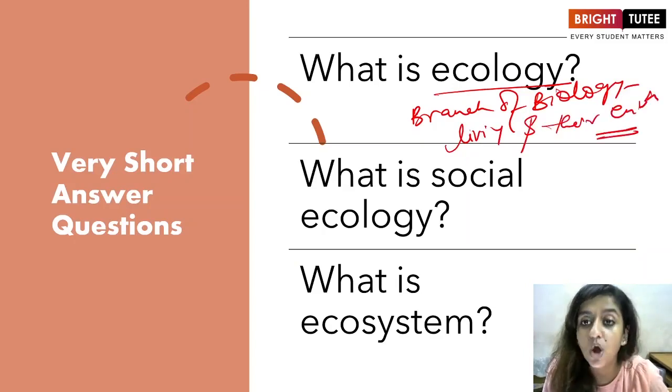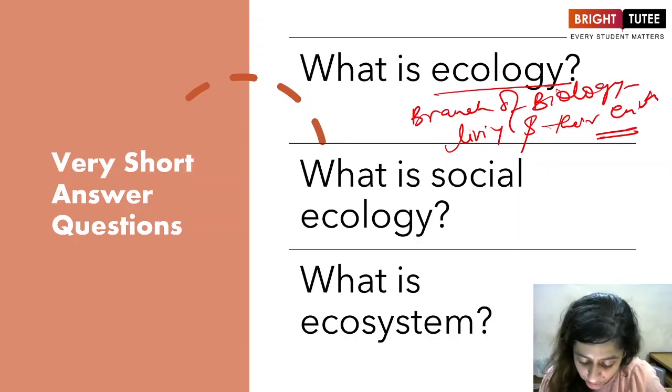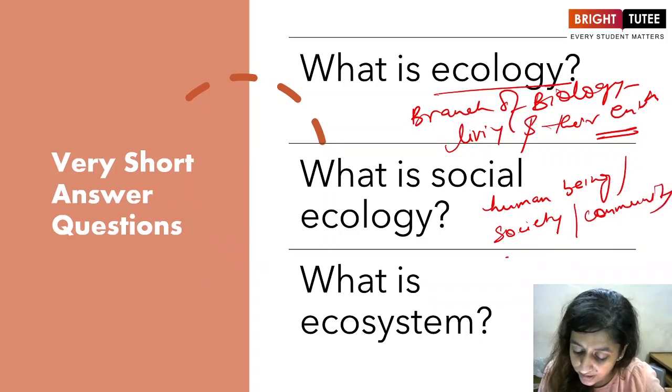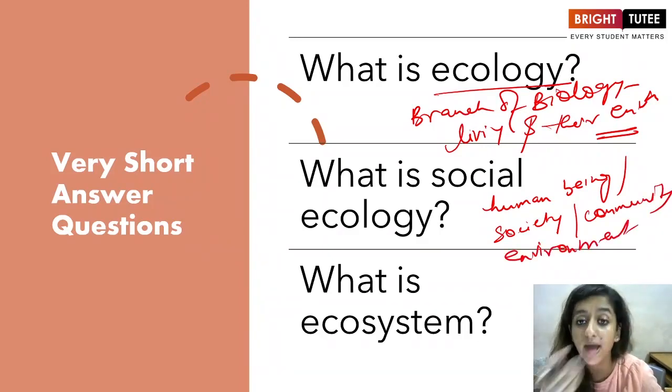So this is what exactly ecology is. Now, social ecology is the study of the relationship between human beings, or the human society or community, and its total environment, or the physical environment. This is known as social ecology.